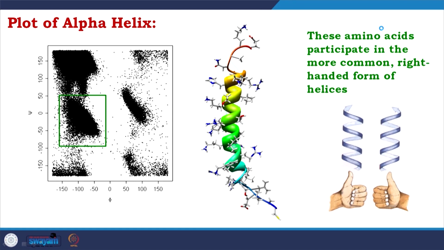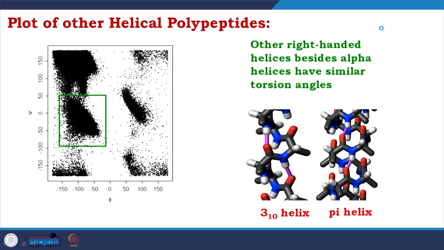So if it is coming here in the phi psi plot, the Ramachandran plot, it is representing the secondary structure alpha helix. Now from amino acid we are shifting to the polypeptide, we are understanding the correlation, the positions. The other right-handed helices which we talked about, the 310 helix and pi helix, also have similar torsion angles. You see that they are in the same place.